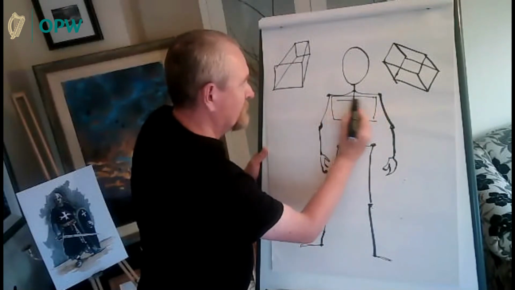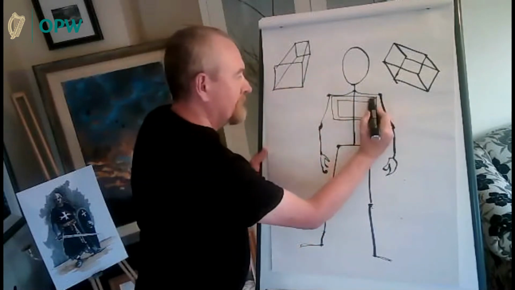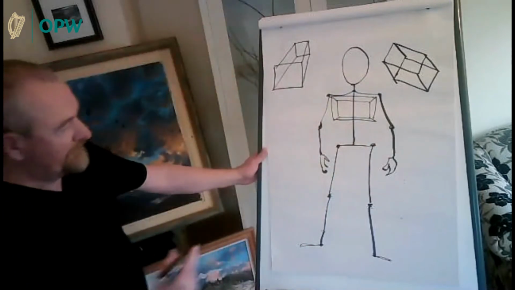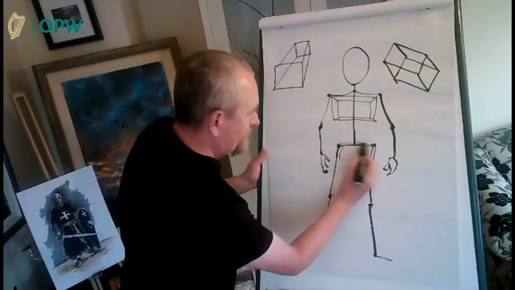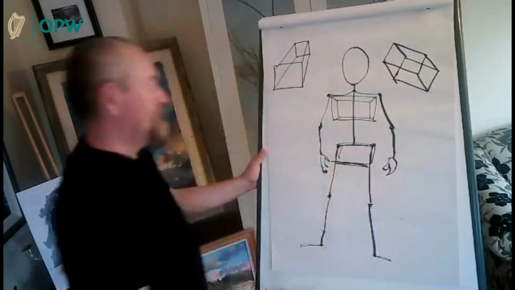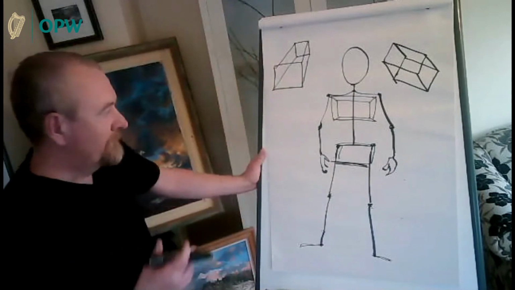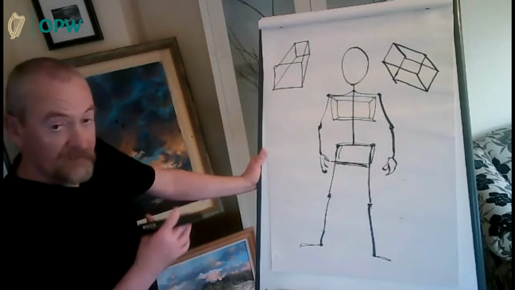We'll do a smaller one at the back, because we're looking front on. And there we have the chest area, we can do the same with the hips, and suddenly you're developing into a better framework as a representation of a human being.